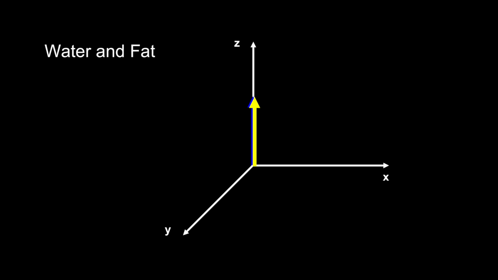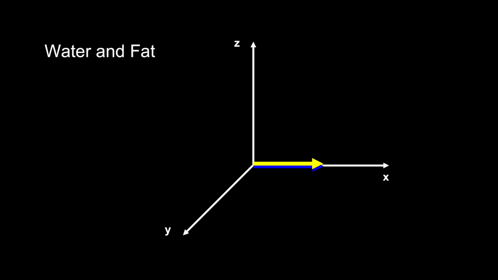Here we have water and fat hydrogen atoms. Yellow is fat and blue represents hydrogen and water. And they are aligned with the external magnetic field in the longitudinal or z-axis. We apply a 90-degree RF pulse, and the net magnetization vector is knocked down to the xy plane and precesses in sync in the xy plane.